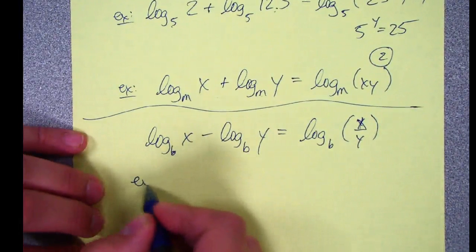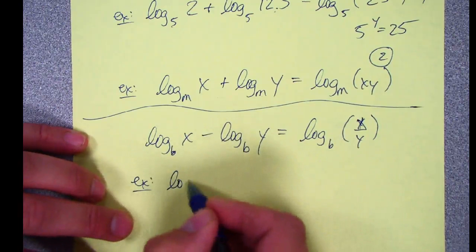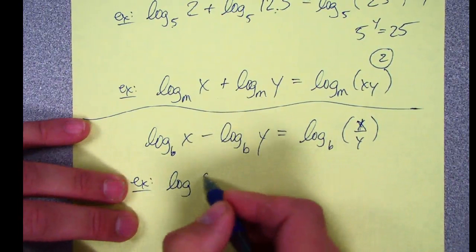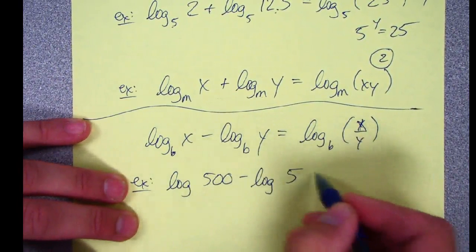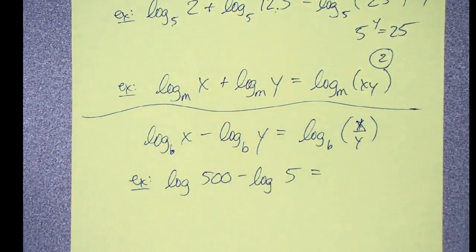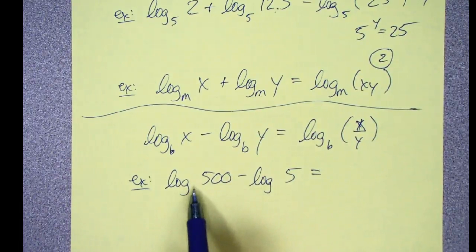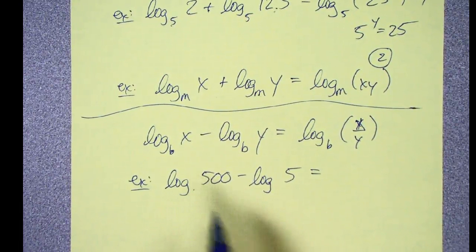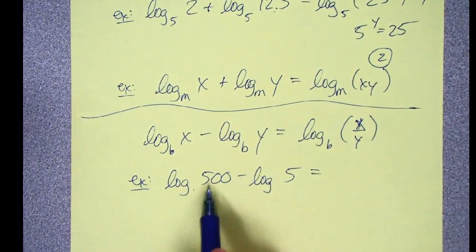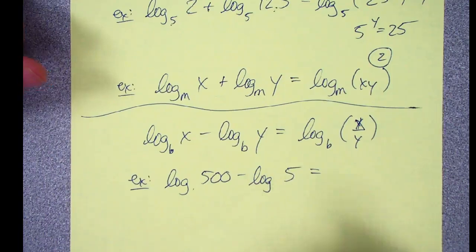An example of when you might use that would be, let's say I have log of 500 minus log of 5. Remember, if there's not really a number down there, it's a 10. So this is like 10 to what power equals 500? Well, if I start multiplying 10 by itself, it's never going to land on 500, and it's never going to land on 5.